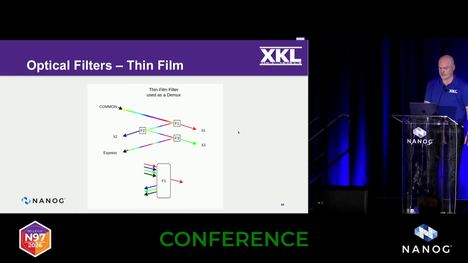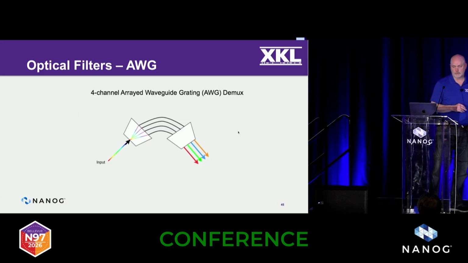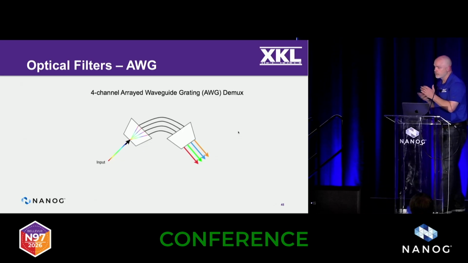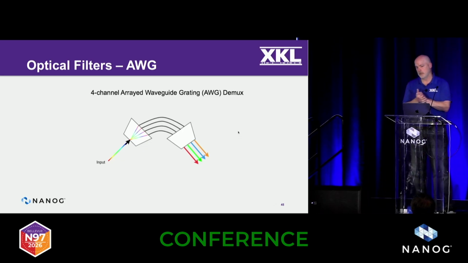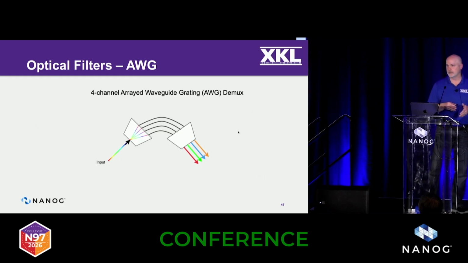This is referred to as thin film because they're laying the film on top of the substrate. An AWG filter uses a similar principle of interference, except the channel counts are much higher. We feed the input light and spread it out to all of these little guides. See the 4 black lines. This is a 4-channel AWG, which doesn't really exist; it's much more channels.